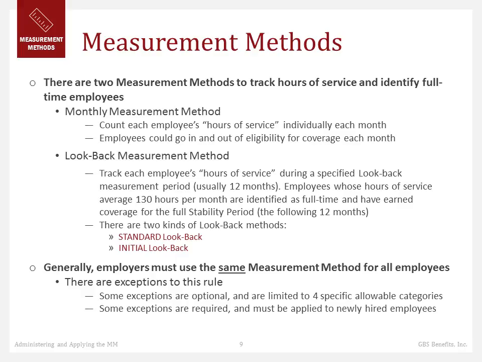Now, something we need to remind you as well, which is a review, which you should have learned in the prior measurement methods seminar, but there are two different kinds of look-back methods. You have the standard look-back method and you have the initial look-back method.